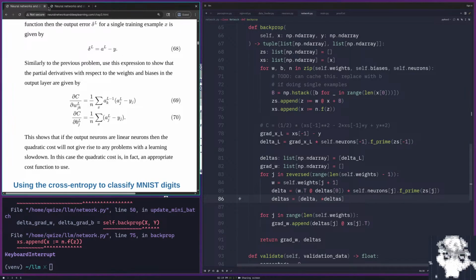Okay, back to reading, because I don't know how I can fix the problem. I don't know how to normalize the activations of the output layer. Is that what I would want to do?